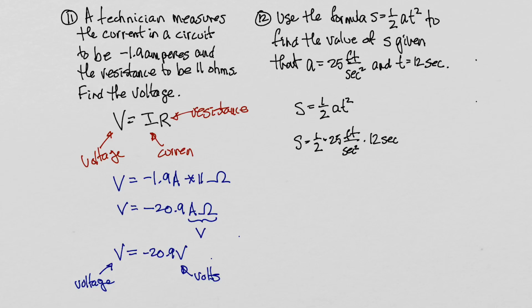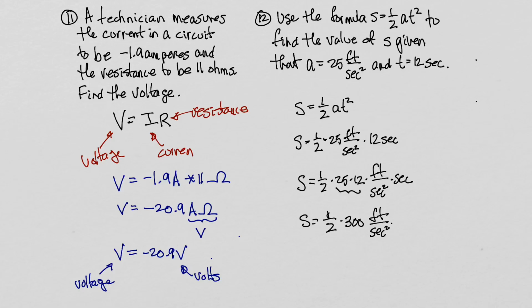So just so that I can see what's happening more clearly, I'm going to write all the numbers together. I'll have 1/2 times 25 times 12, and then feet over seconds squared times seconds. Now, when I make this multiplication, I'm going to do the 25 and the 12 first. So I'm going to get S equals 1/2 times 300 feet over seconds squared times seconds.